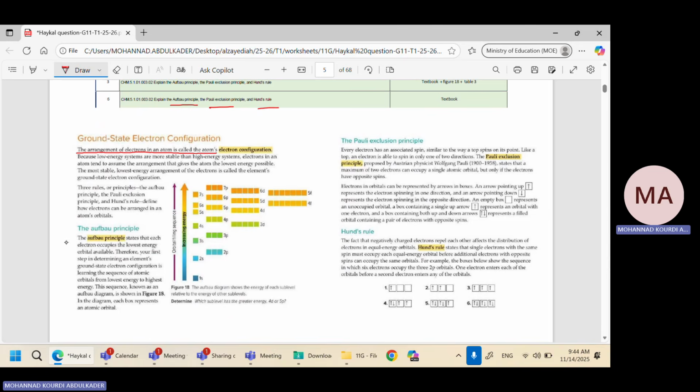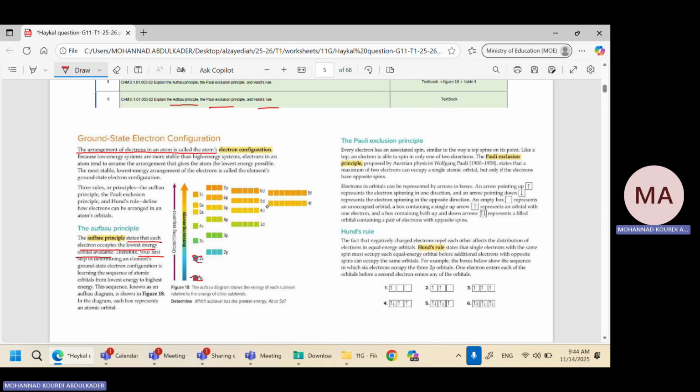The first one is Aufbau principle, which states that each electron occupies the lowest energy orbital available first, then you go for the higher. So I can fill 1s first, then I can go for the 2s, and so on. I can continue to 2p, 3s, and 3p, and continue filling the electrons, okay?